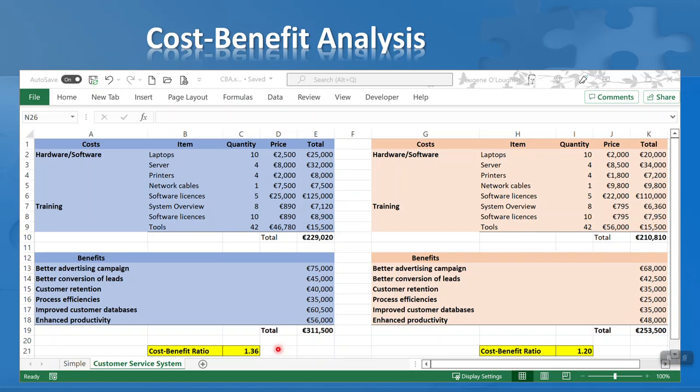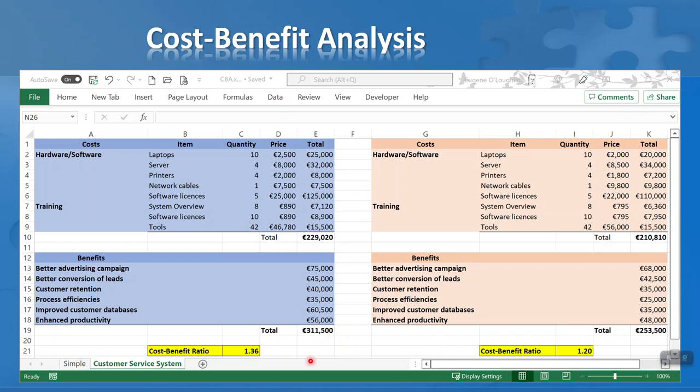So that's good news in itself because it is a value greater than 1. The cost-benefit ratio for the brown supplier here on the right is 1.20. That's also a good figure because it is a value greater than 1. But we can see that the ratio for the blue supplier outweighs the ratio for the brown supplier.